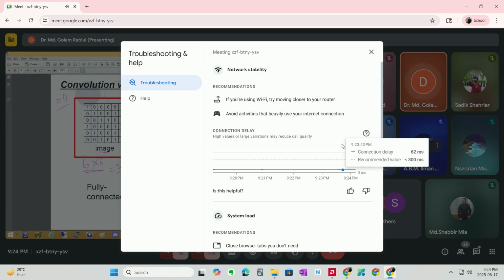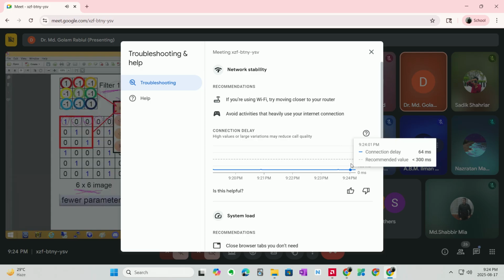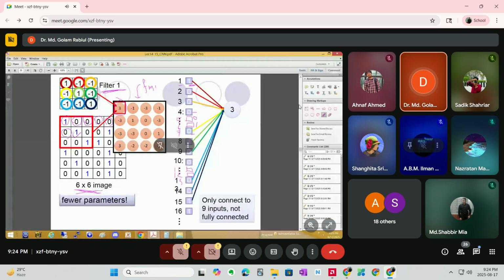The seventh position is 0. The eighth position is 1. 9 is 0. 10 is 0. 11 is 1.